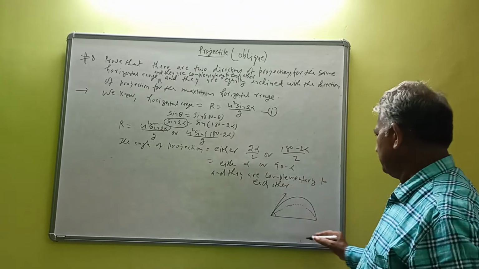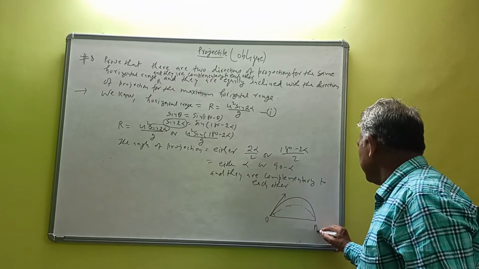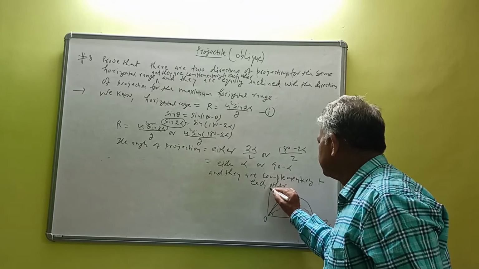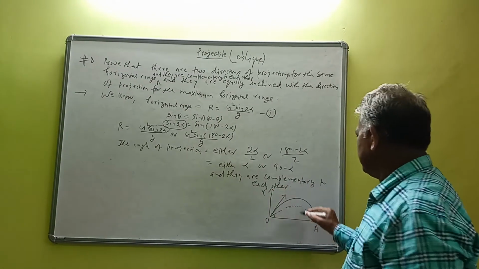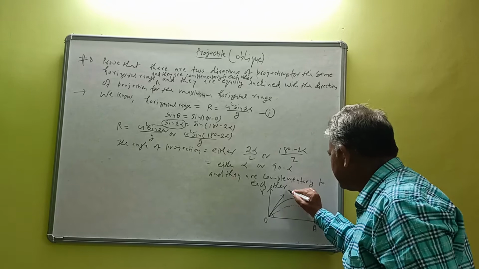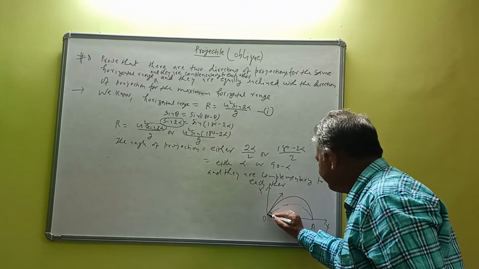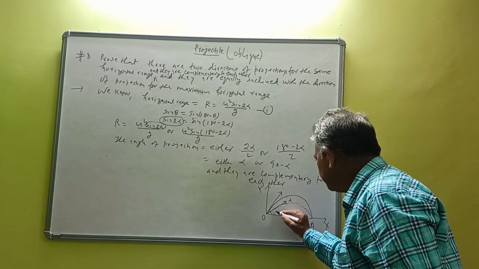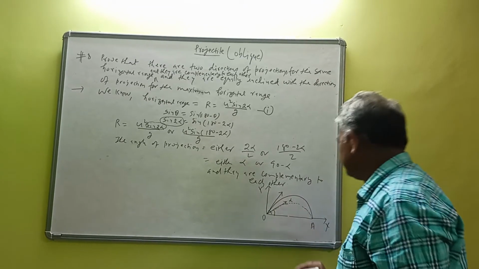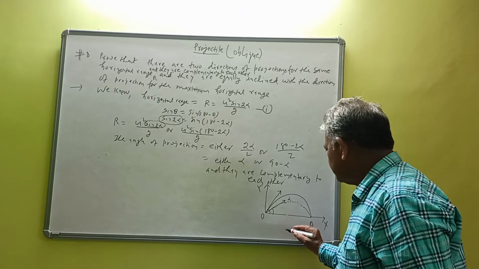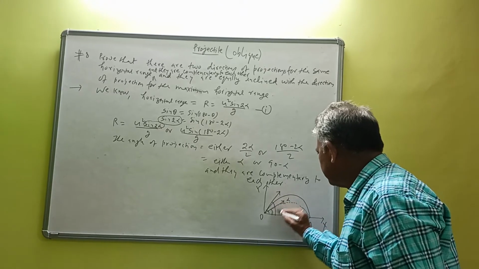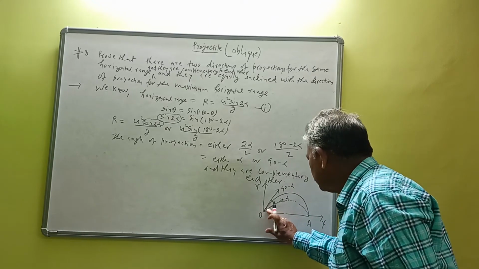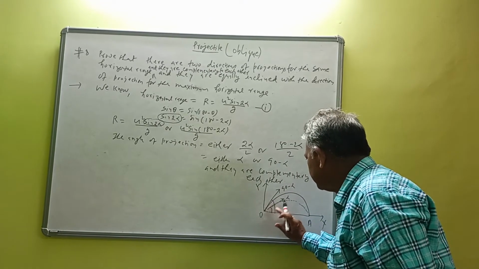So here too this is O, this is A, this is the x axis, this is the y axis, and here this very angle is suppose alpha. So this alpha shows this very angle, and here this angle is 90 minus alpha. So we can make the diagram.